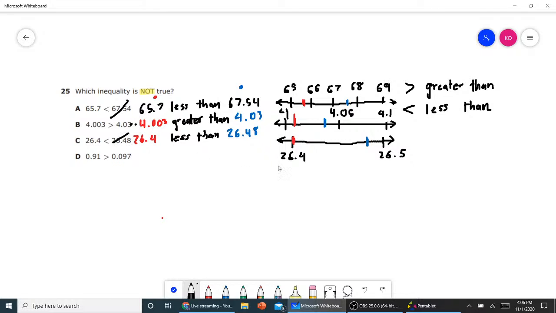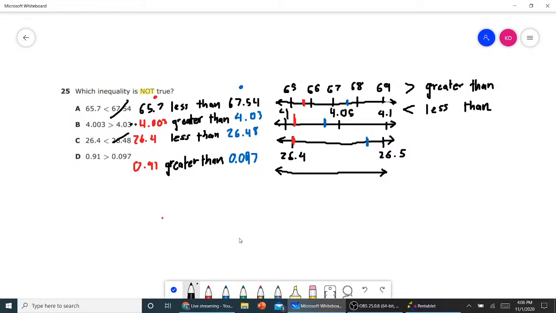And then let's look at D, okay? D. So once again, let's color code. 0.91, and looking at the symbols, is greater than 0.097.